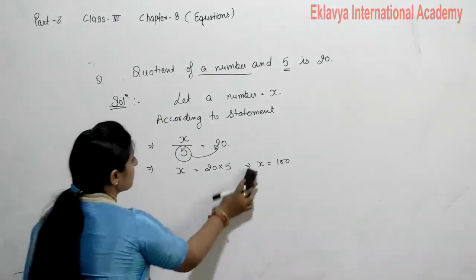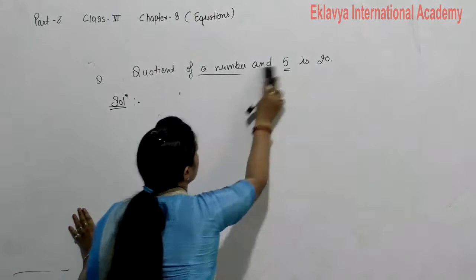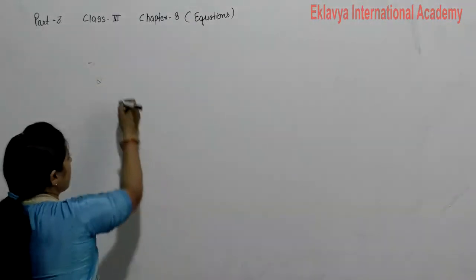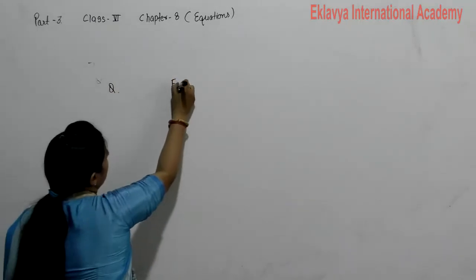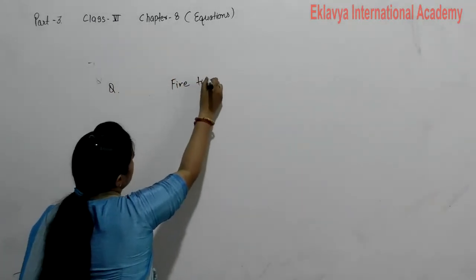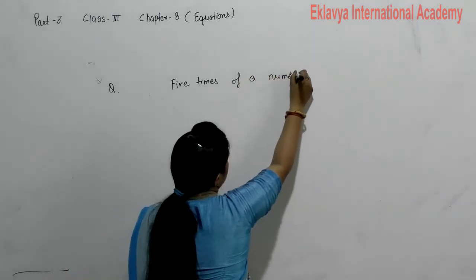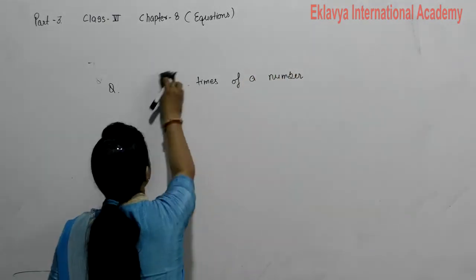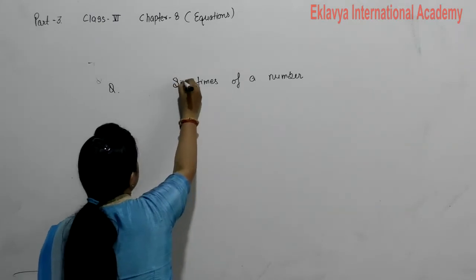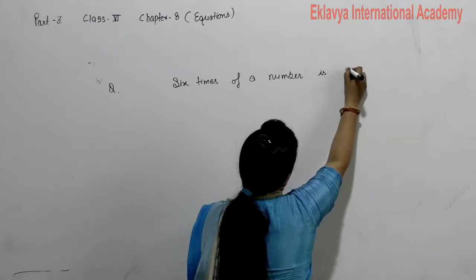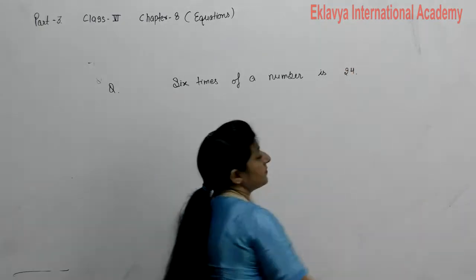Another example. Suppose I write down 6 times of a number is 24.